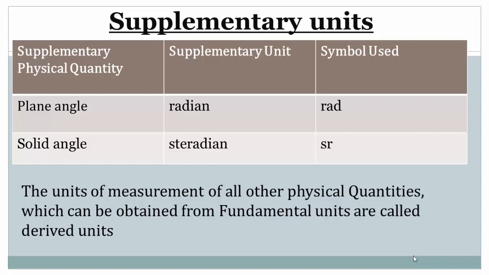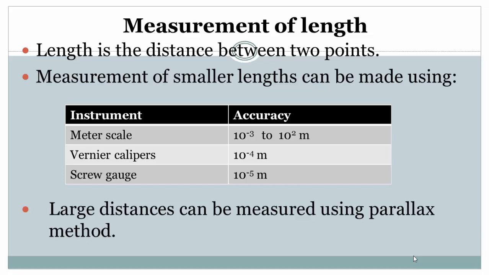Newton is the SI unit of force. Hence, force is also a derived physical quantity. The three basic units are length, mass and time. Here we are measuring length, mass and time.